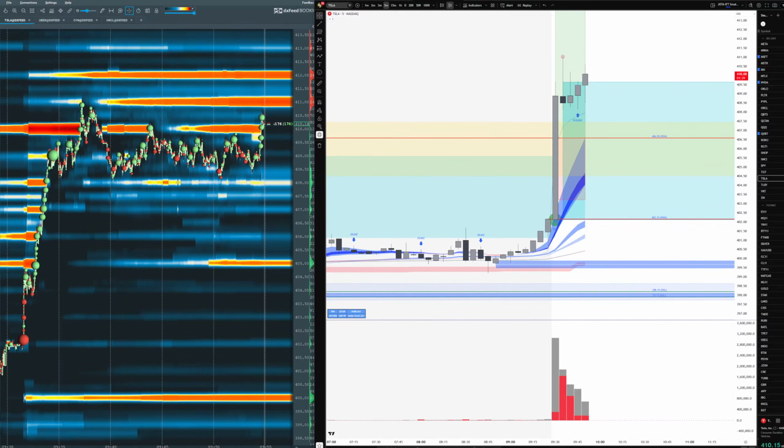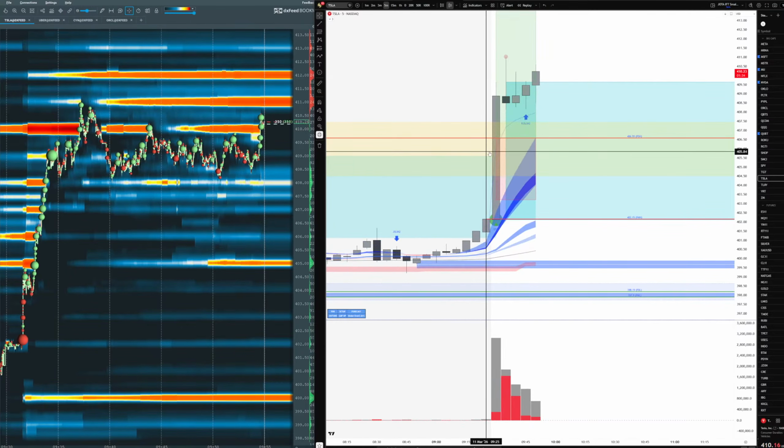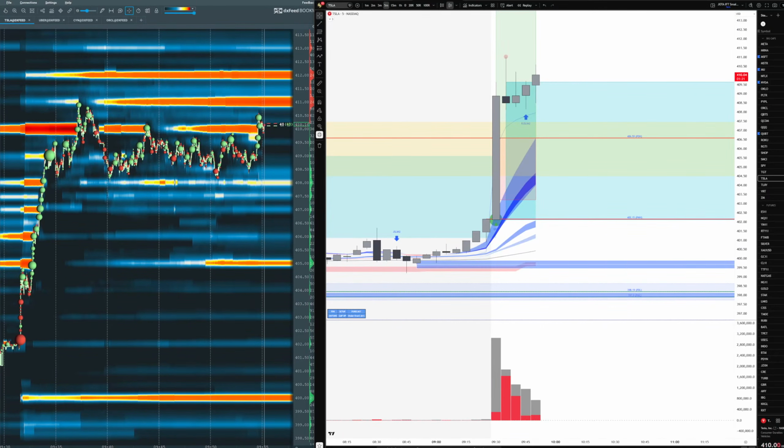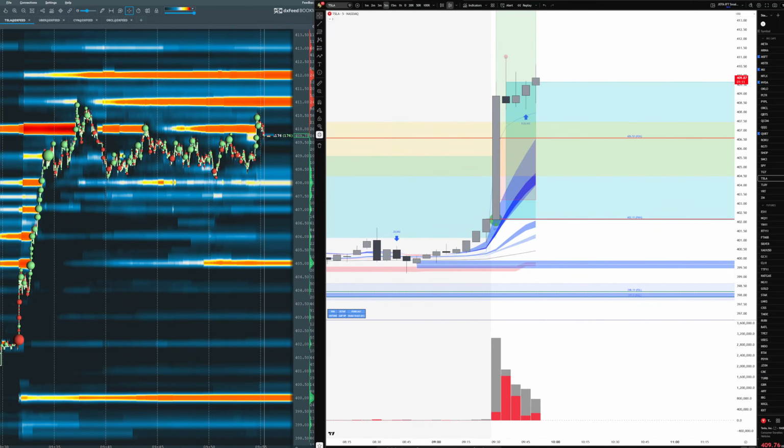Okay, it's gonna break over here, 410 above. Futures are still in range, so we're not trading futures right now.